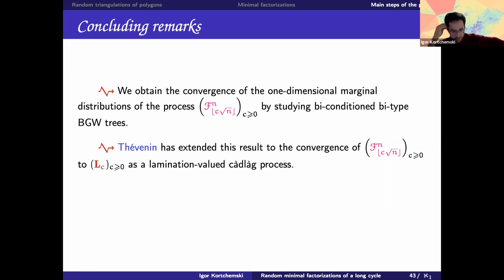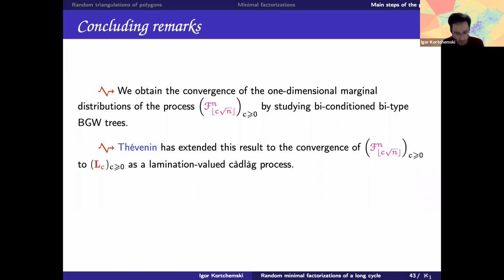And afterwards, Paul Thévenin, who is a former PhD student of mine, extended the one-dimensional convergence to a process convergence. So he really established that there is a sort of film going on when C increases at scale square root n.